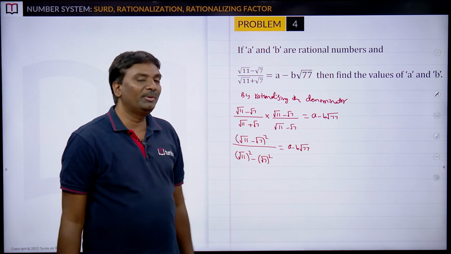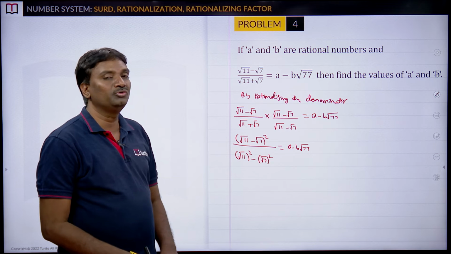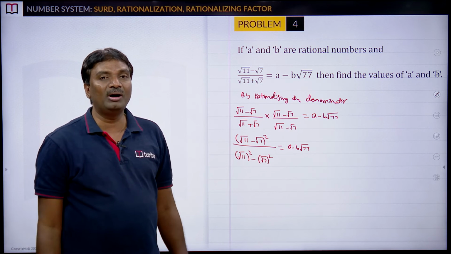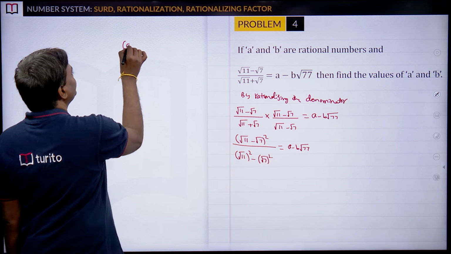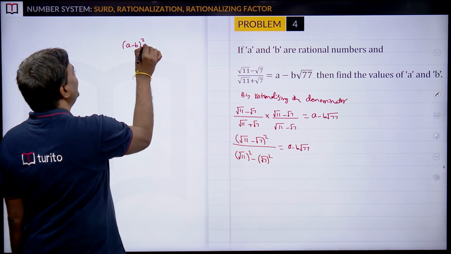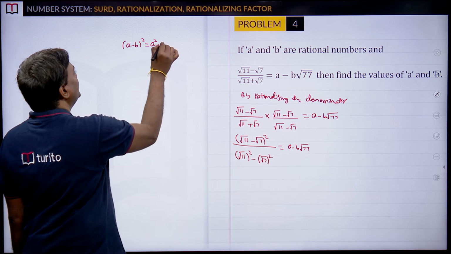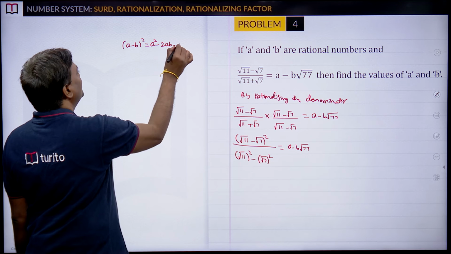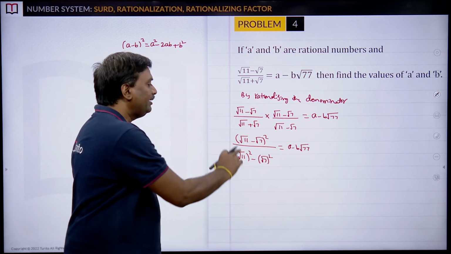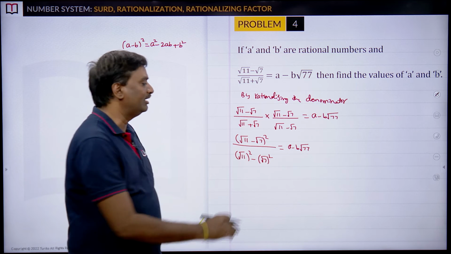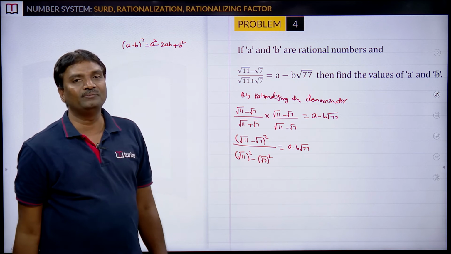Now, by observing the numerator, we have root 11 minus root 7 whole square. Clearly, that is in the form of a minus b whole square. So, by using the identity a minus b whole square equals a square minus 2ab plus b square, where in place of a we have root 11, in place of b we have root 7.